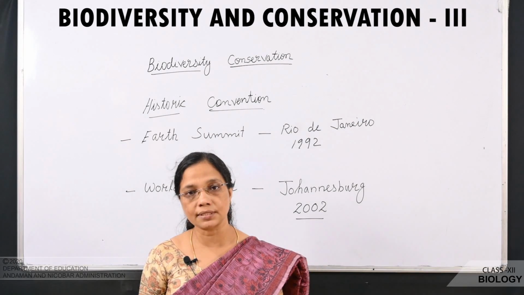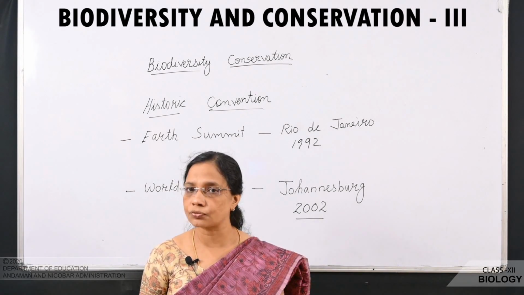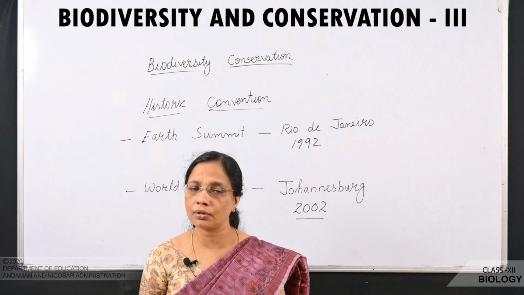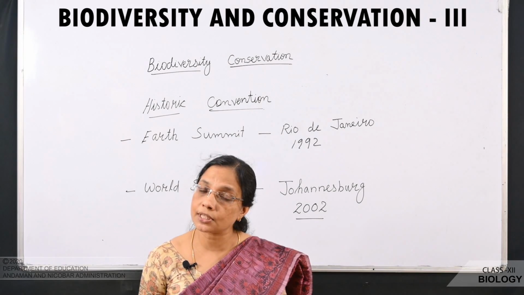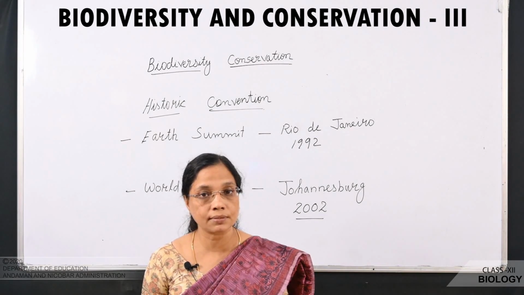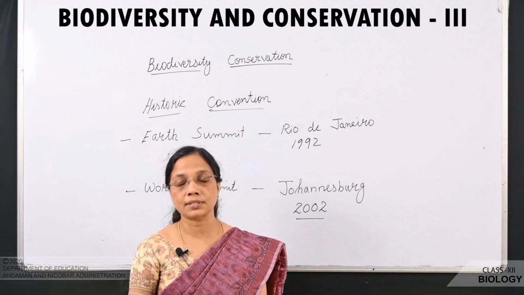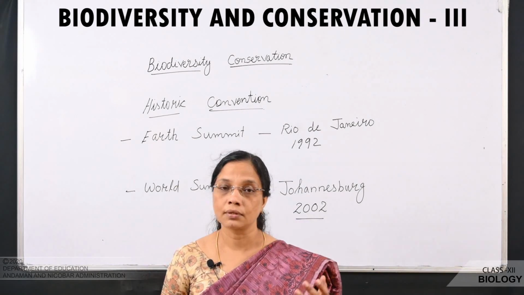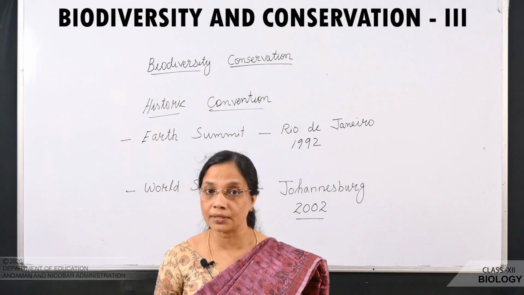We have seen examples like food, fiber, construction material, industrial products and medicines. Next is broadly utilitarian. Biodiversity plays an important role in the ecosystem services that nature provides, like oxygen, pollination and aesthetic pleasure.